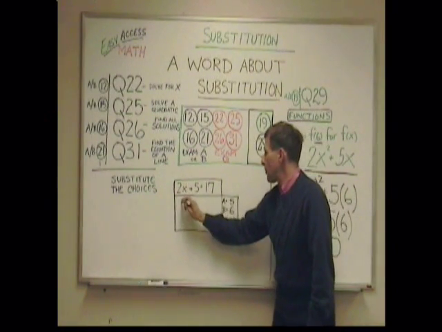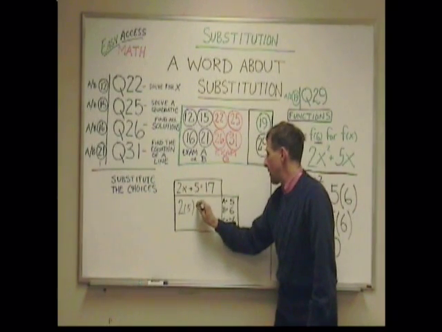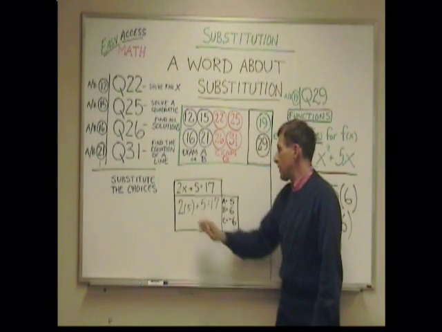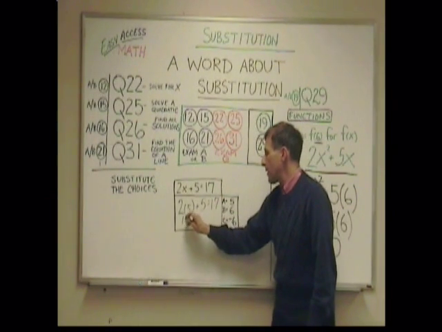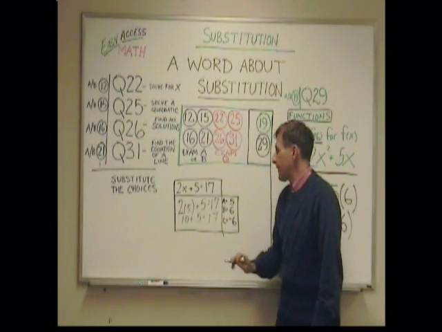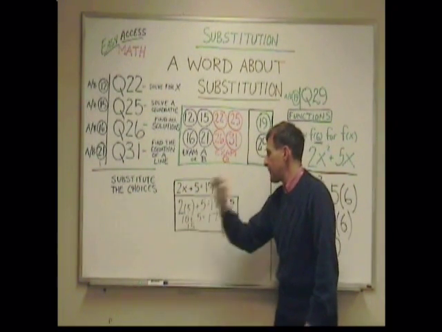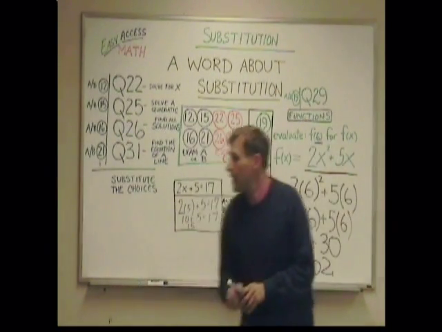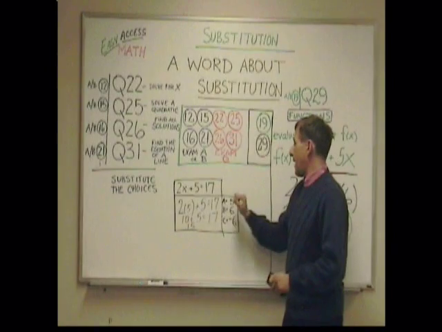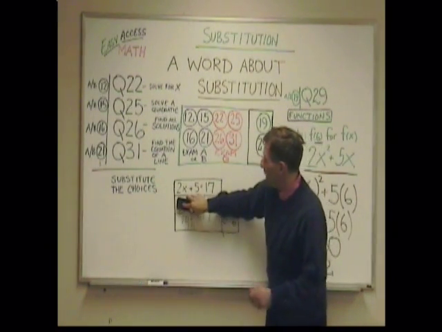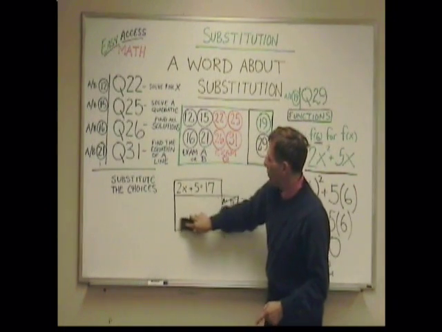I would have 2 times 5 plus 5 equals 17. 2 times 5 is 10, plus 5 is 15. That doesn't work. So that would not be my answer. I could cross A out. That choice did not work when I substituted it in the equation.